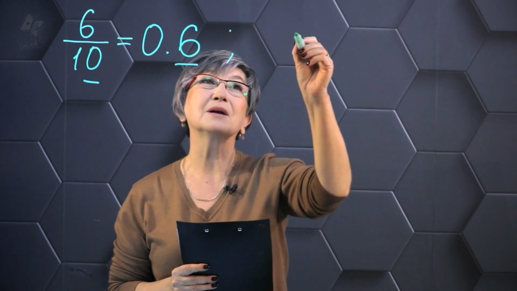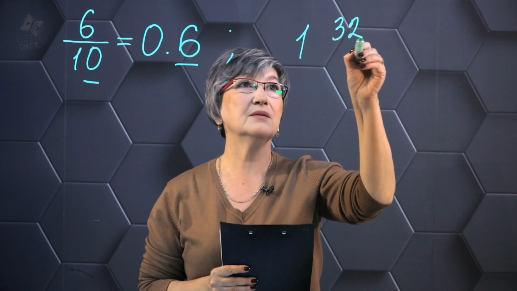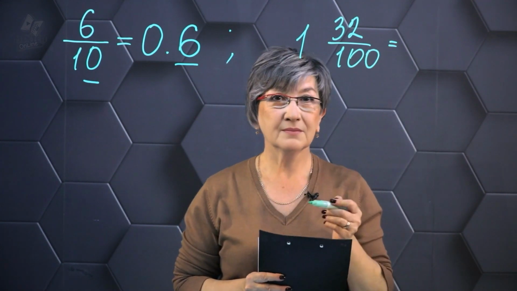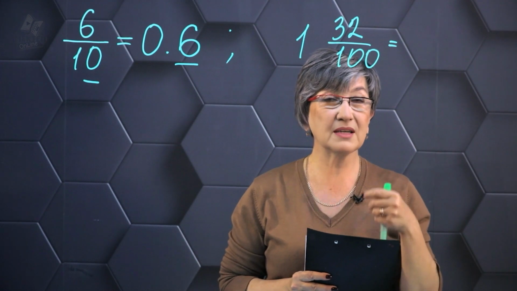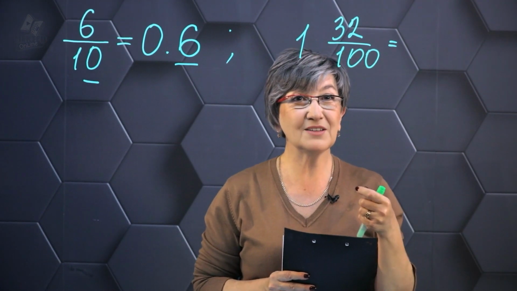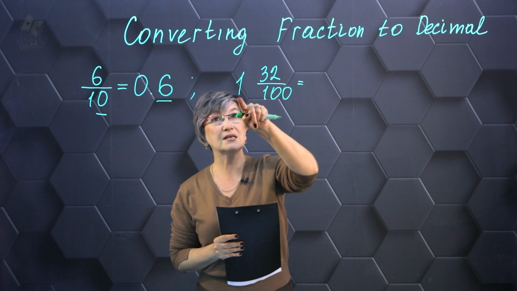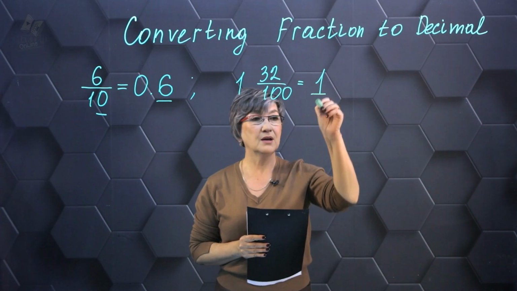Let's take another example: 1 whole 32 hundredths. We follow the same steps to write this fractional number as a decimal. So first we write down the whole part, and the whole part equals 1. I write 1 whole. To signify that it's exactly 1 whole, I put our dot.